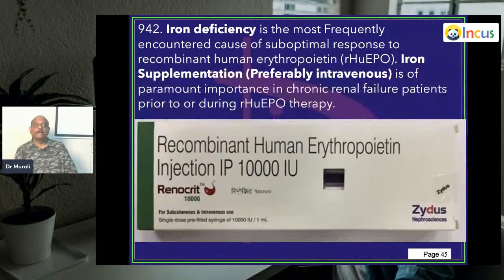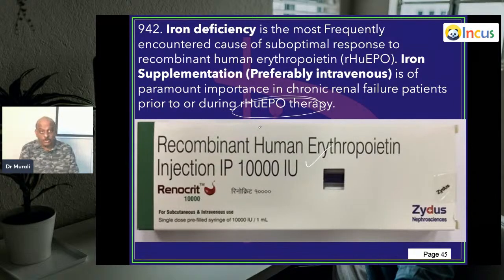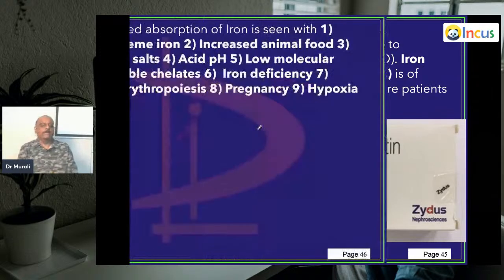And when you are giving the erythropoietin, some of the patients will have suboptimal response to this recombinant human erythropoietin. So whenever you are giving erythropoietin therapy, you should also be sure whether iron supplementation is properly done or not in that patient who is having renal failure.